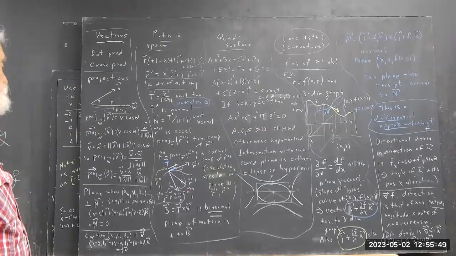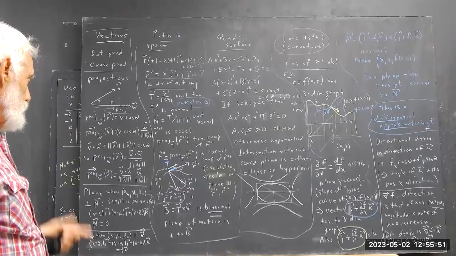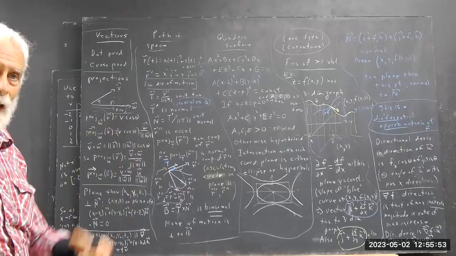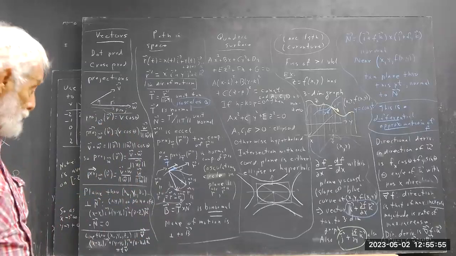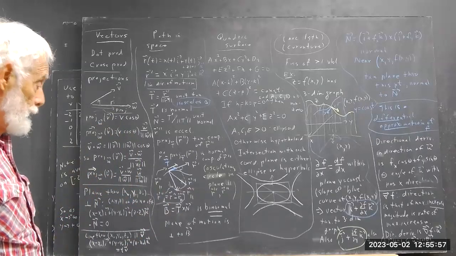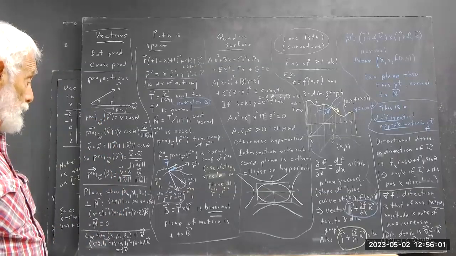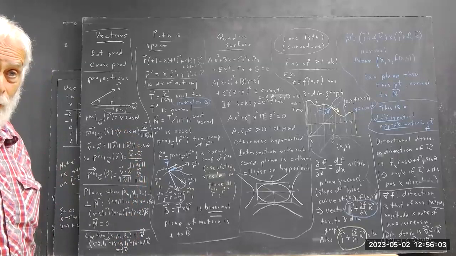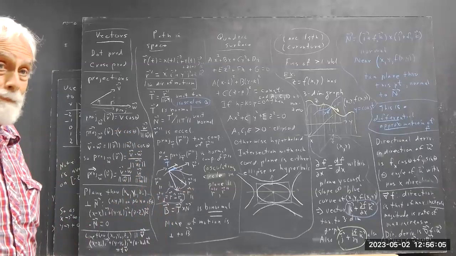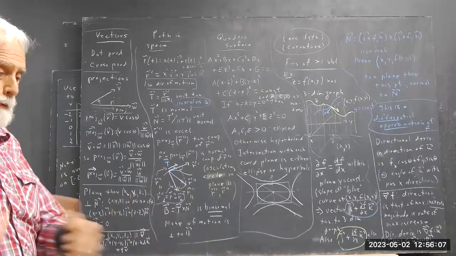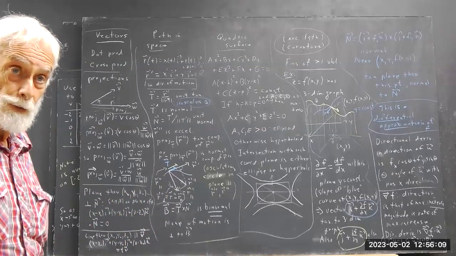Now that gives you, if n is Ai plus Bj plus Ck, A times the quantity X minus X naught plus B times the quantity Y minus Y naught plus C times the quantity Z minus Z naught equals 0. You take your constants, put them over the other side, and you've got a standard equation of the plane.